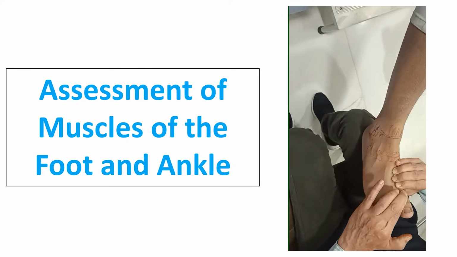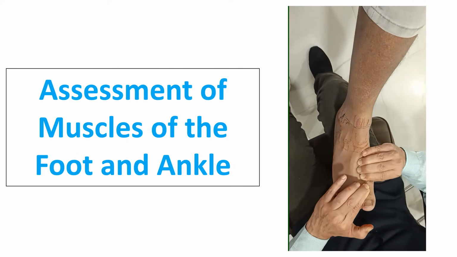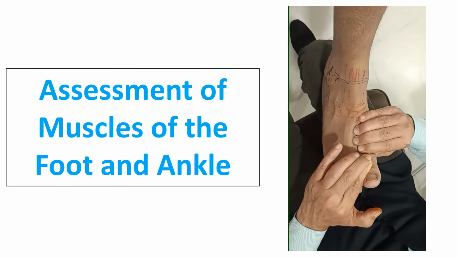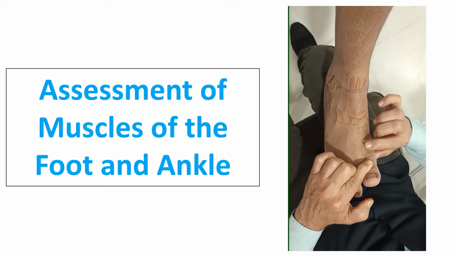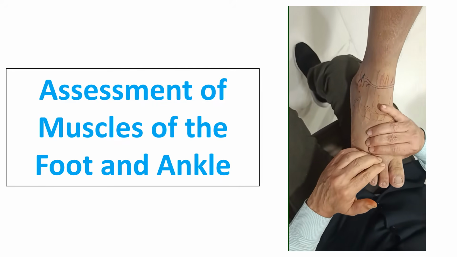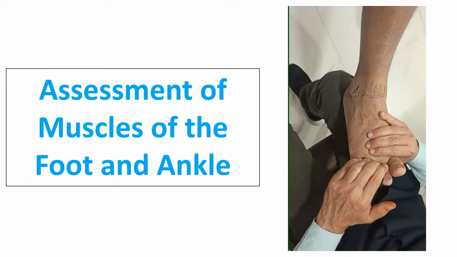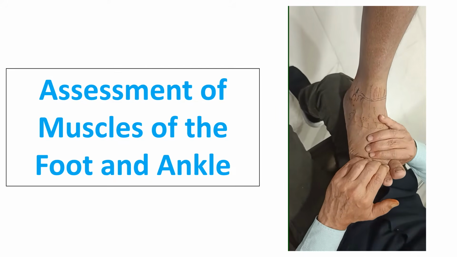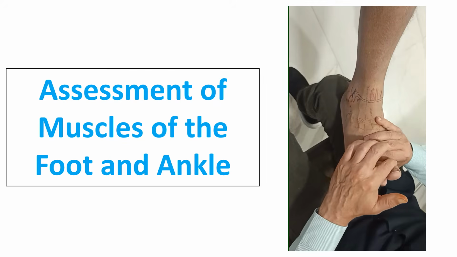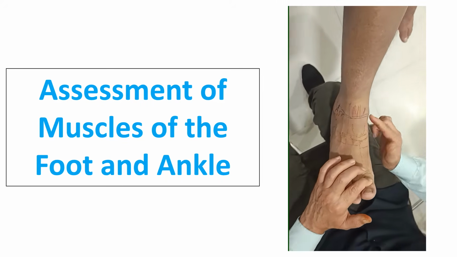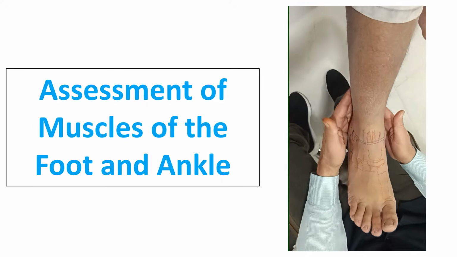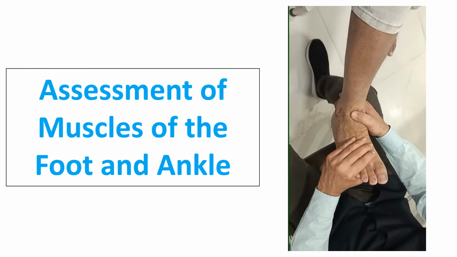And here you can see that I am testing the EHL tendon. And similarly, you can test the remaining tendons of the EDB. So all the tendons you can examine: extensor digitorum longus, EHL, tibialis anterior, tibialis posterior, peroneals, and all the muscles you can examine.